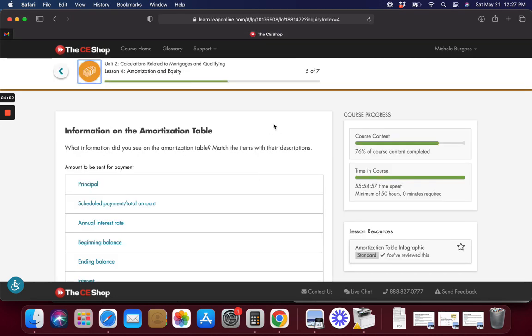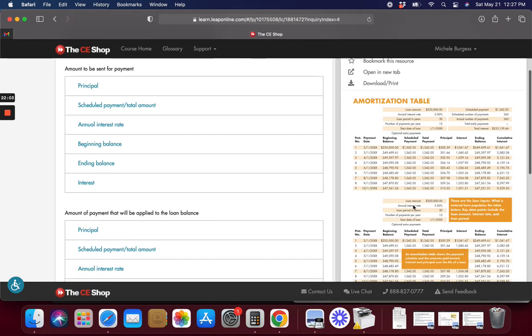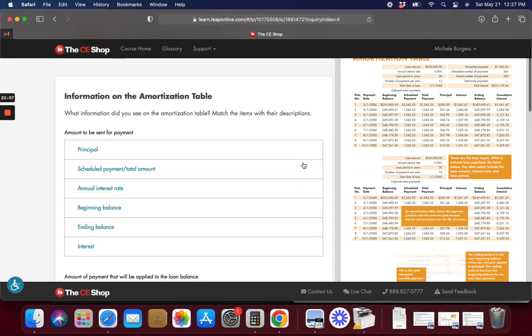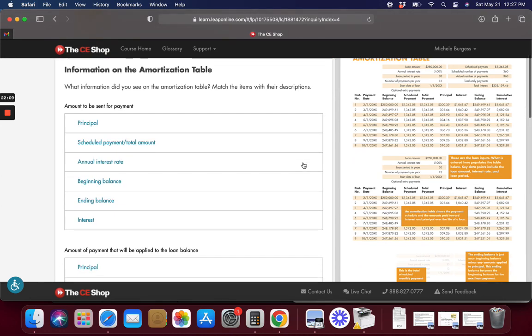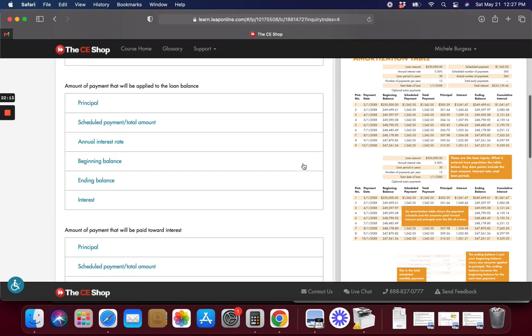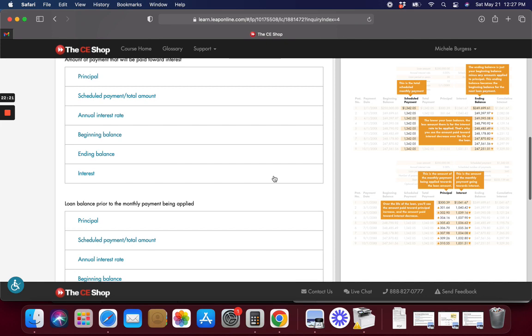Okay, reading an amortization table. Amount to be sent for payment. What does this mean? Match the items with their description. Okay, amount of payment that will be applied to the loan balance. Amount of payment that will be applied towards interest.